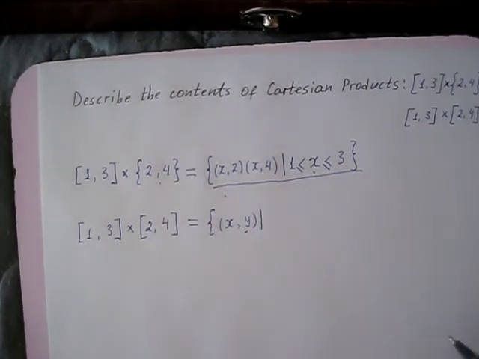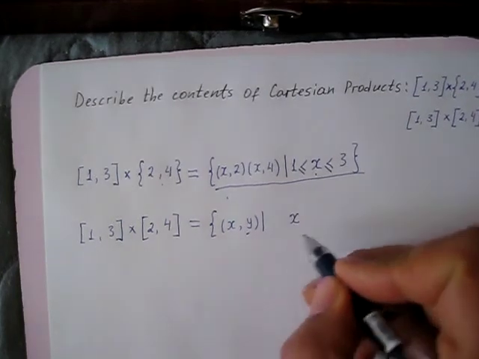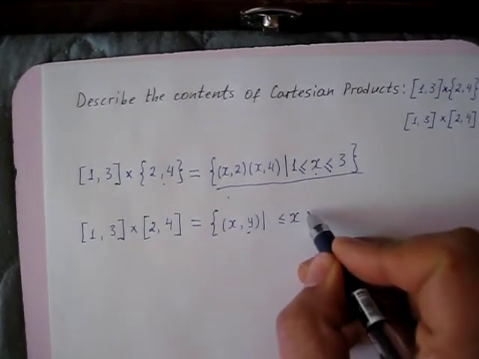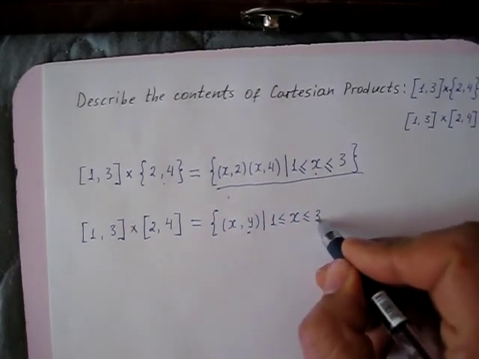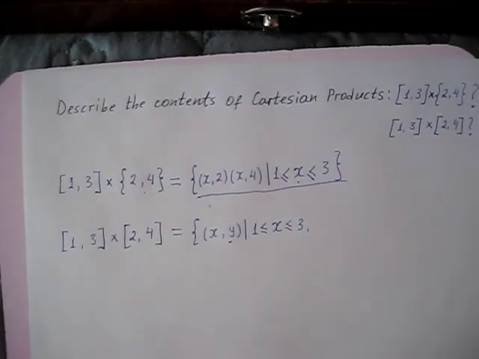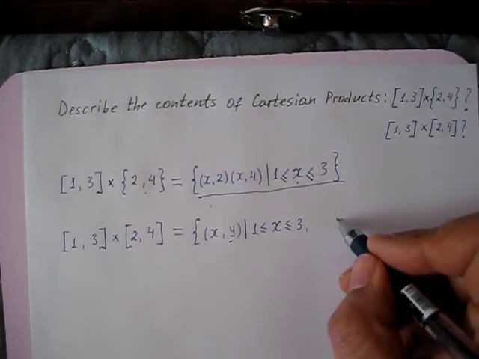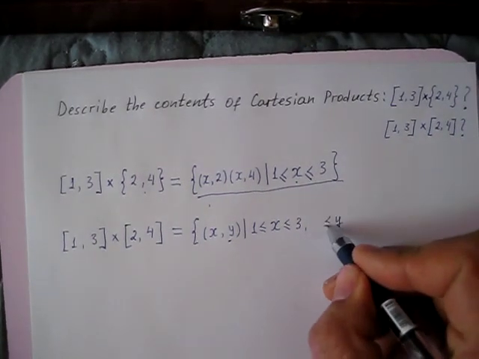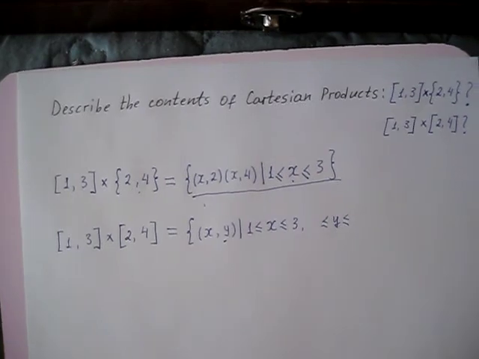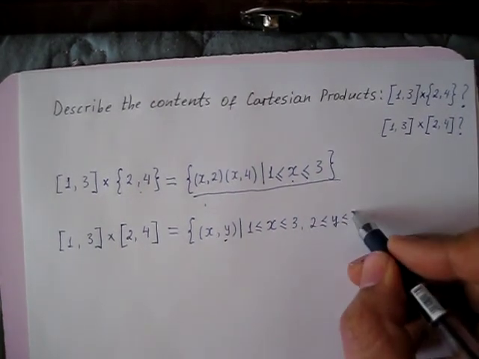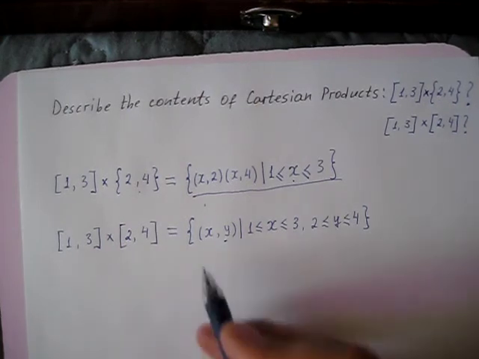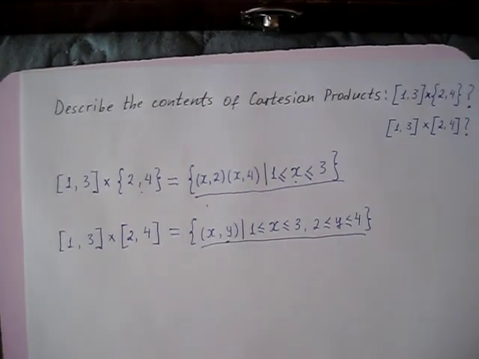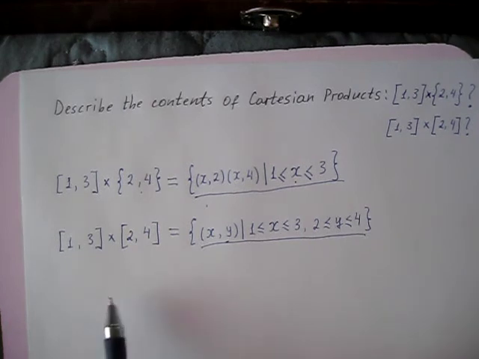Our x can be any number between 1 and 3, and our y will be any number between 2 and 4. Okay, this is a description by using set builder notation of the cross product of two intervals.